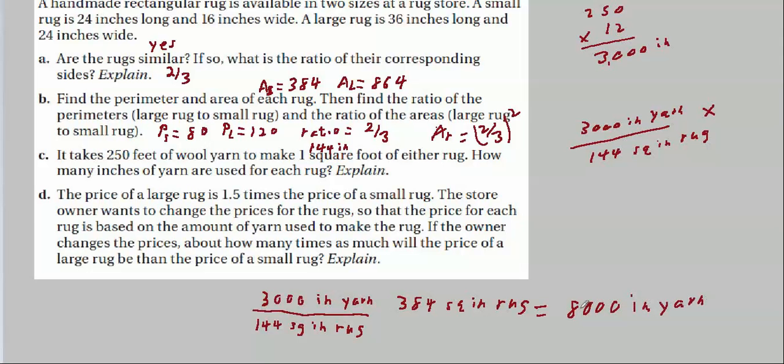That's the small one. What about the big one? Well, I could take this, multiply it by 864, or I could take the answer I've already got and multiply by 3/2. That seems easier to me.